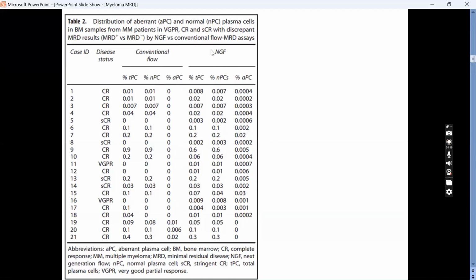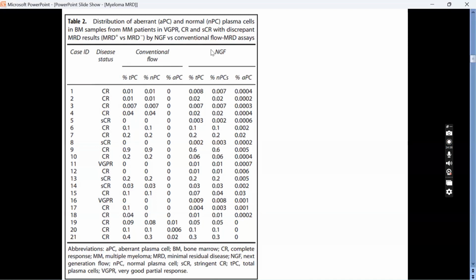So next generation flow is nothing but a flow with increased sensitivity. You are trying to attain a sensitivity of 10 to the power of minus 6, and for that you need to acquire a minimum of 5 million events.